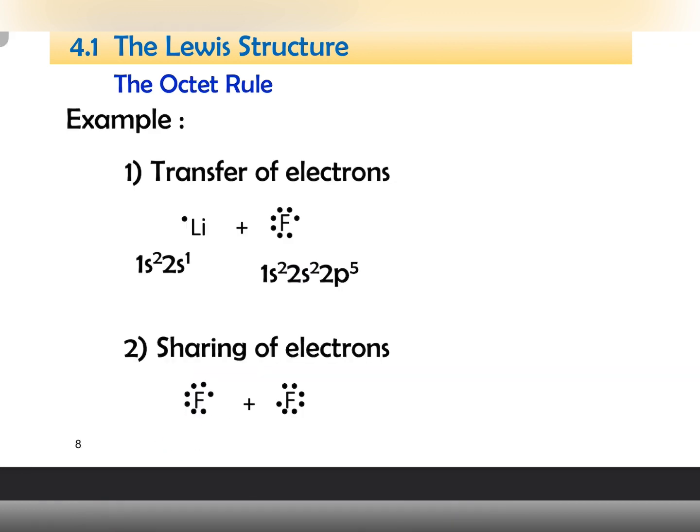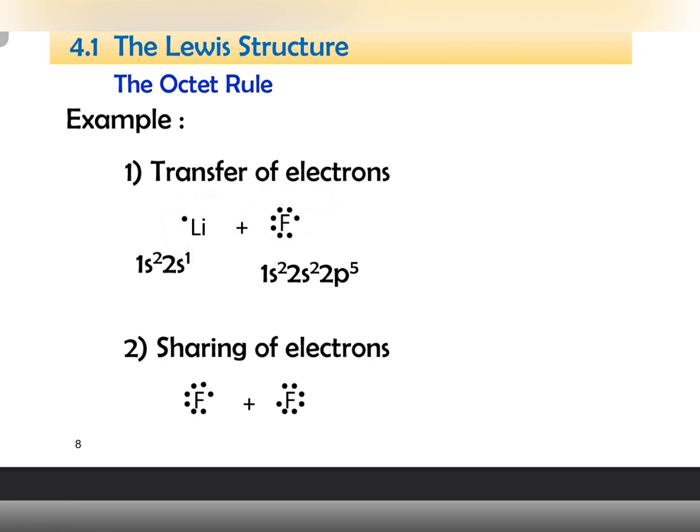Alright, so let's have a look at this example. If it involve transfer of electron, maksudnya ada satu yang give electron and one more will accept electron. Okay, so let's say you have lithium and also fluorine.